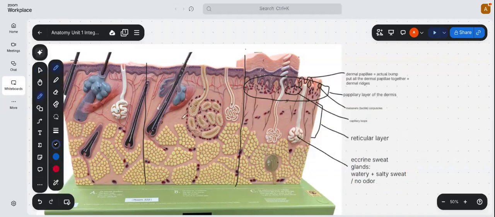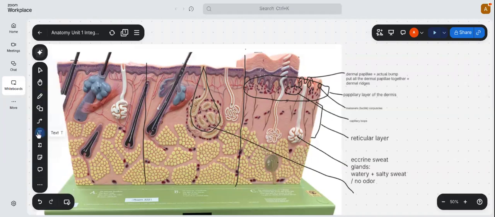Now, in contrast to that, you have your apocrine glands, which is going to be this big yellow gland over here in the middle. So I'll put it over there.